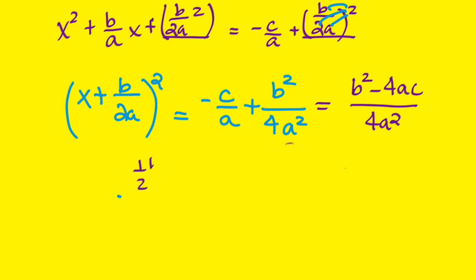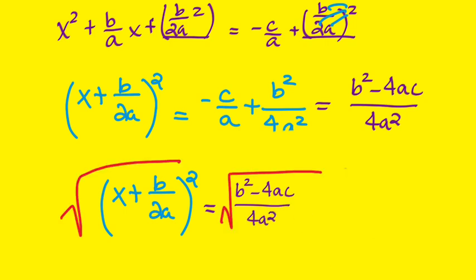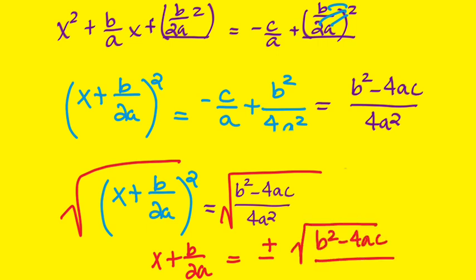Now, to complete the square, I square root both sides, right? I square root both sides. That gives me x plus b over 2a equals plus or minus, right? The square root of b squared minus 4ac.